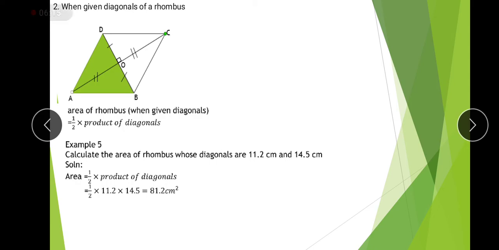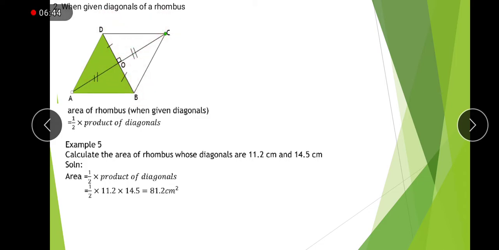Number two, it is when you are given diagonals of a rhombus. Now, look at this figure. Diagonal is the line running from point A to point C, and the one running from point D to point B. This is what we call diagonals.